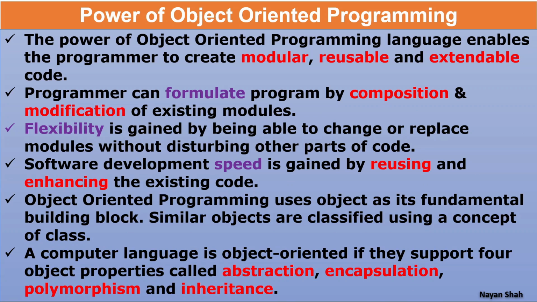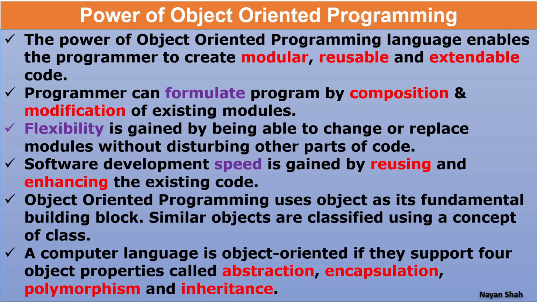So there is safety in object-oriented programming. What are the advantages of object-oriented programming? The advantages are that an object-oriented programming language enables the programmer to create modular, reusable, and extendable programming code. These three words are very important. Modular: you write a program in small modules and then bring them together to make a big software or application.